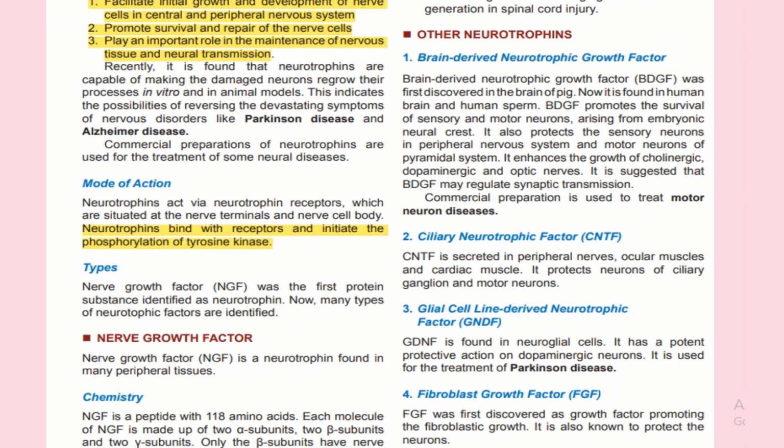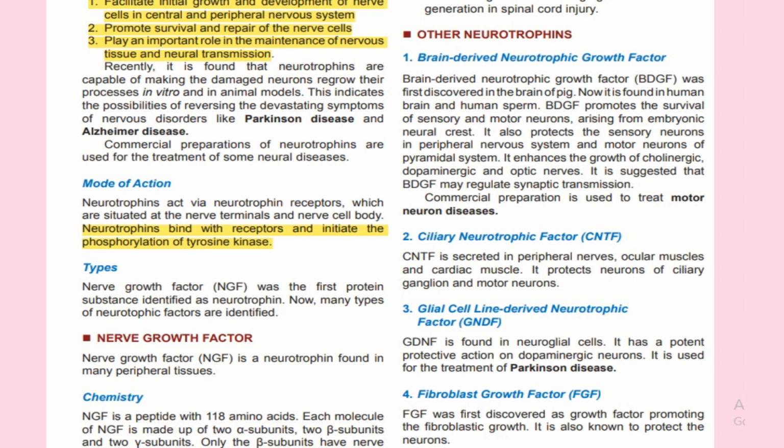Other types of neurotrophins are brain derived neurotrophic factor, ciliary neurotrophic factor, glial cell line derived neurotrophic factor or GDNF, and fibroblast growth factor, FGF. Brain derived neurotrophic factor, BDNF, was first discovered in the brain of the pig. Now it is found in the human brain and human sperm.